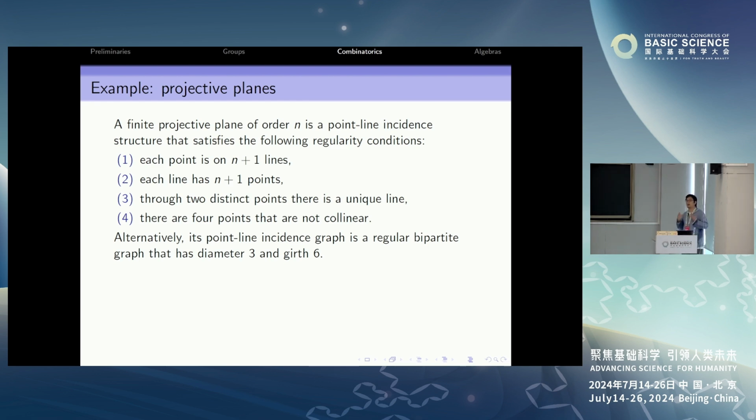Alternatively, its point-line incidence graph is a regular bipartite graph that has diameter 3 and girth 6. Later, we will see a generalization, which is the generalized polygons. So a finite projective plane is a generalized triangle.